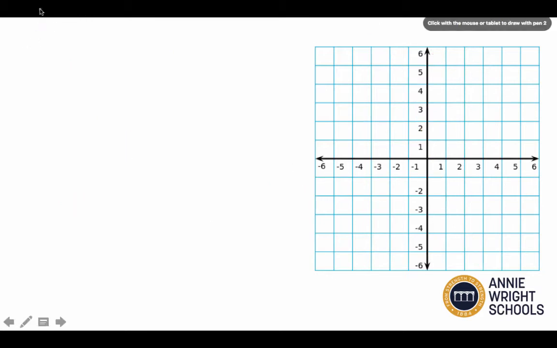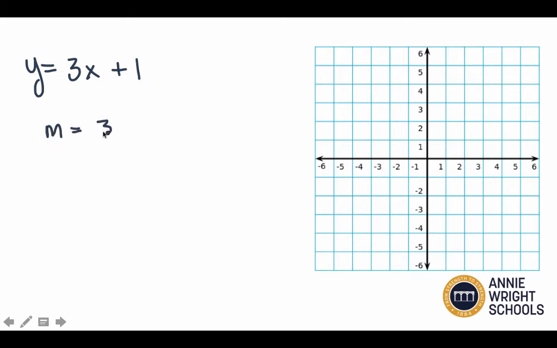There's two more examples I want to show you. An easy one, y equals 3x plus 1. A lot of kids, we haven't done one like this where the slope is just a number 3 and then the y-intercept is equal to 1. Make 3 a fraction by calling it 3 over 1.